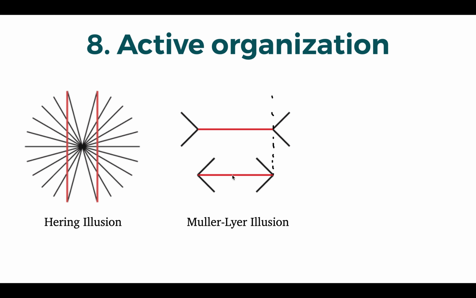There we go. Okay, the lines are the same length. But because this relationship in 3 dimensions in the real world means something different to us than this relationship of lines in the real world, we don't interpret these lines as being the same length. Okay?